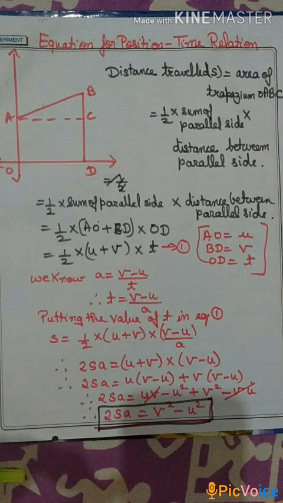Therefore, 2SA is equal to UV minus U square plus V square minus UV. Then we can cancel UV and minus UV. Therefore, finally we will get the last equation, that is 2SA is equal to V square minus U square.